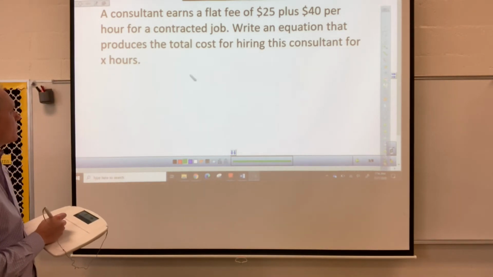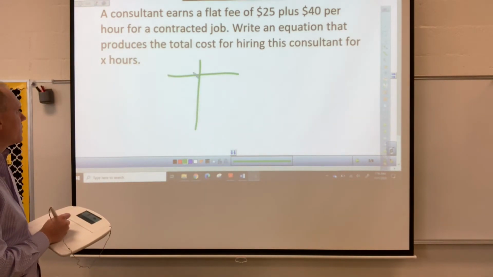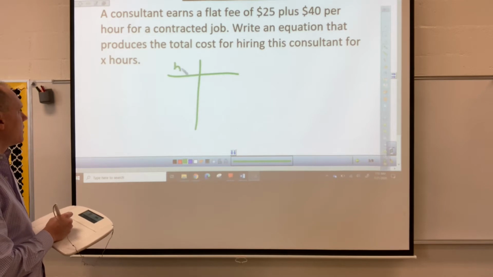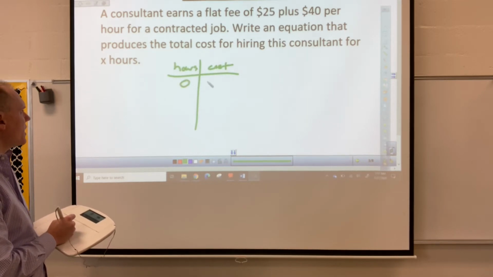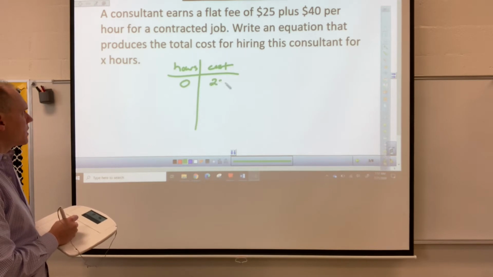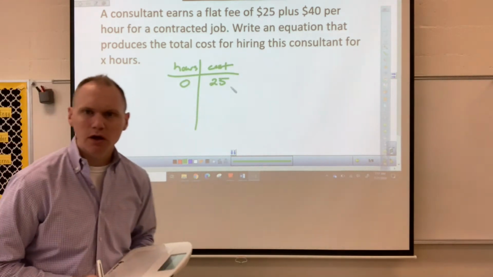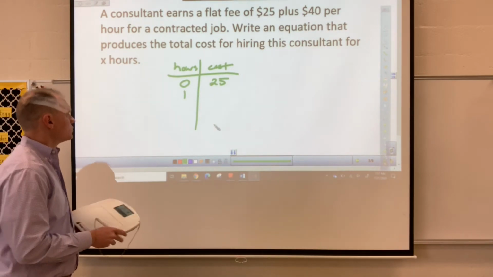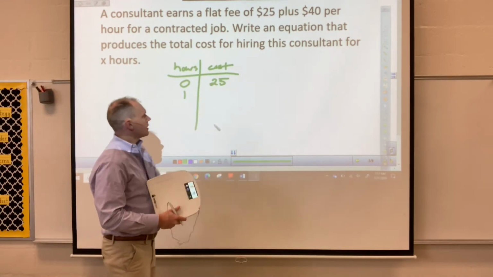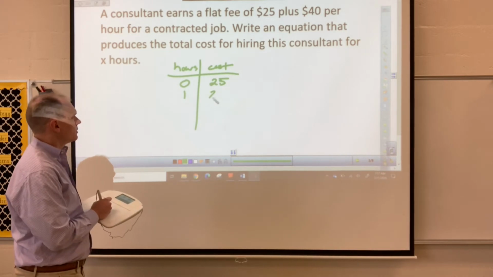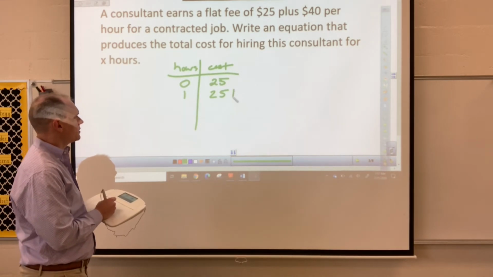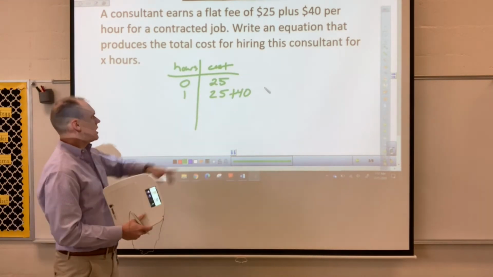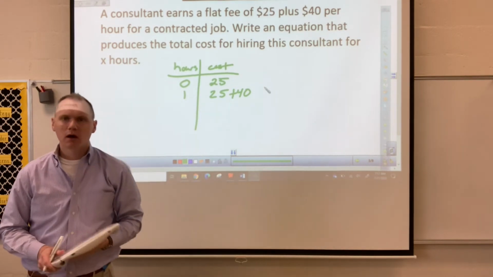If we maybe do a table here real quick. So we have hours, and costs. So for 0 hours, the cost would still be $25 if we haven't worked any hours at all. For 1 hour, not only do we have that $25 flat fee, but we also have an additional $40 for that first hour that we've worked.